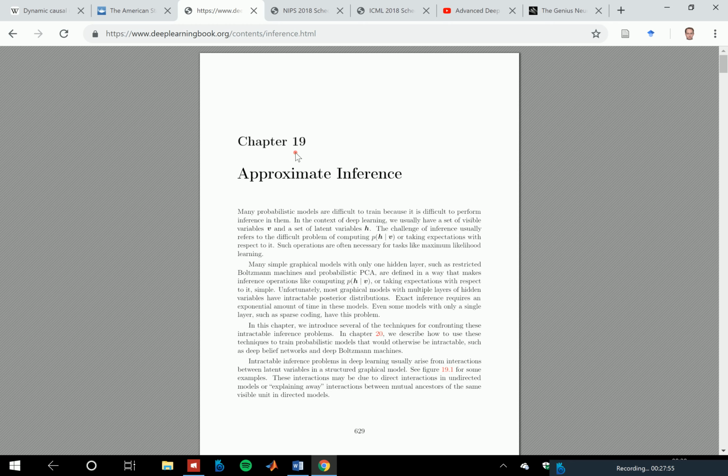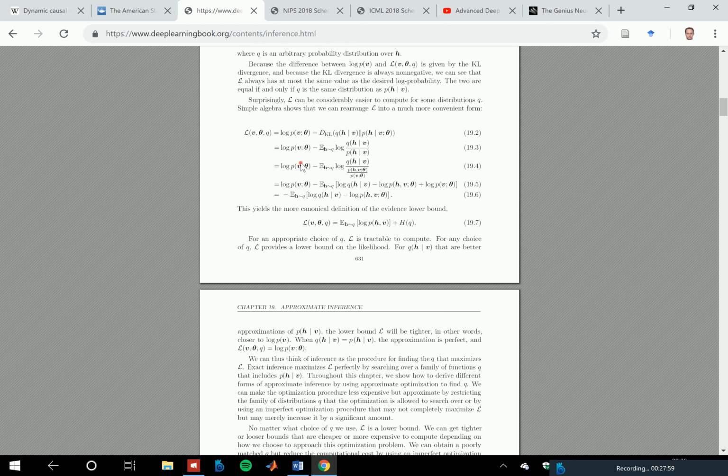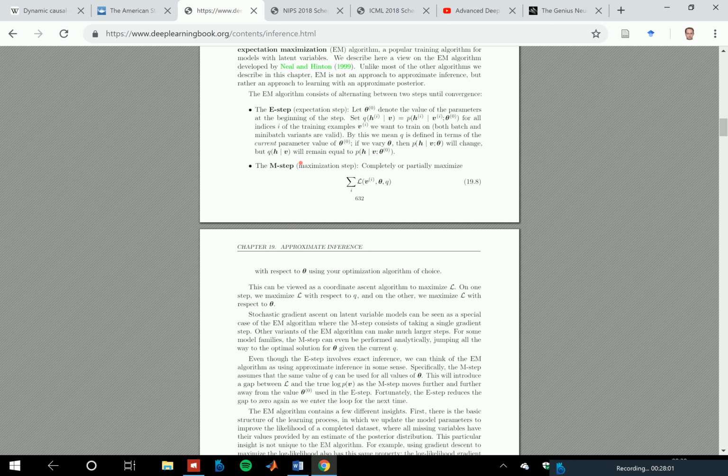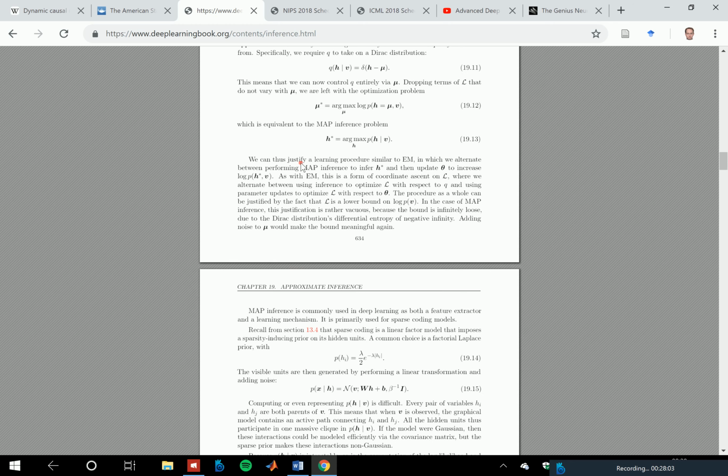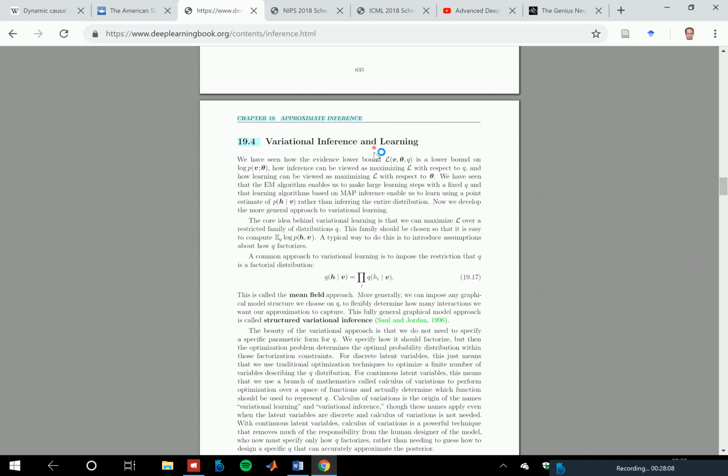And hence, in chapter 19, they also come to that conclusion and start quantifying uncertainty. And then, if you work a little bit into that, at one point you end up at variational inference.